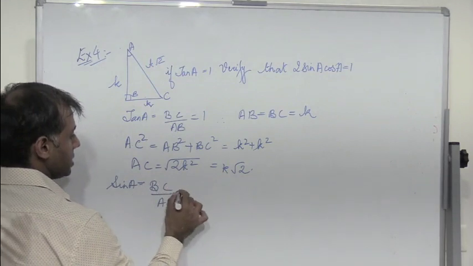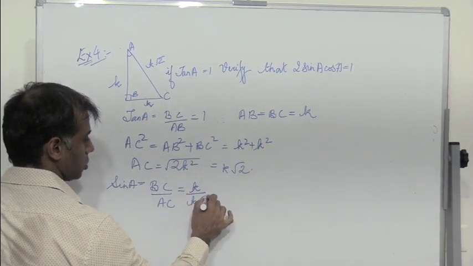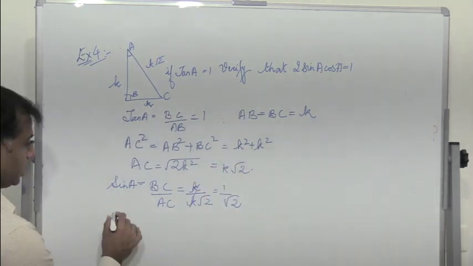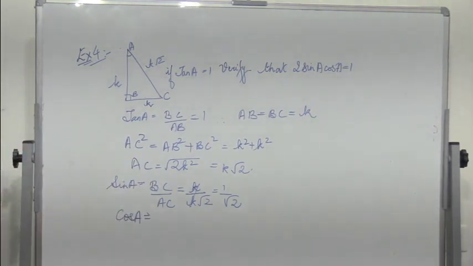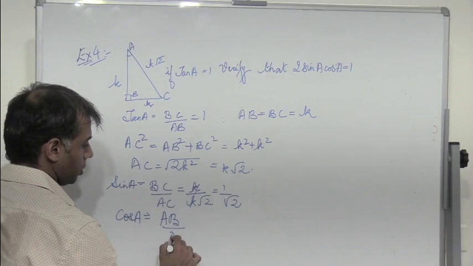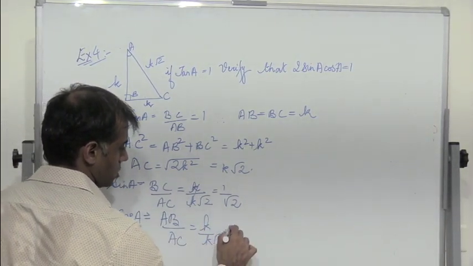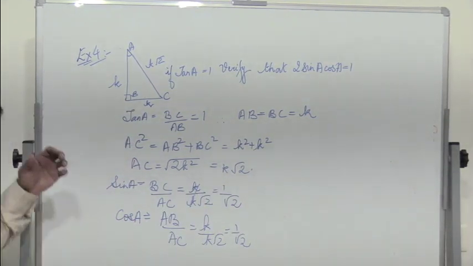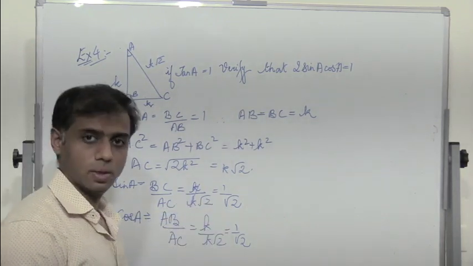So K divided by K root 2, I get 1 by root 2. Similarly, cos A is adjacent side AB divided by the hypotenuse AC, which is again K by K root 2, which is 1 by root 2. So I've got the value of sine and cosine, which is 1 by root 2 and 1 by root 2.